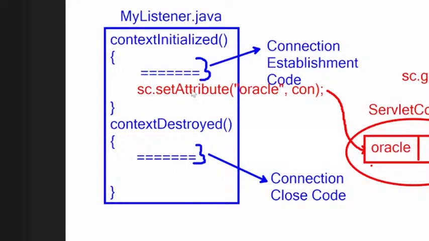This connection object I placed here. Is this context common to all servlets or specific to one servlet? This object data can be used not only by this servlet, other servlets in that application can also use it. Now, how to get this connection, we'll see now.